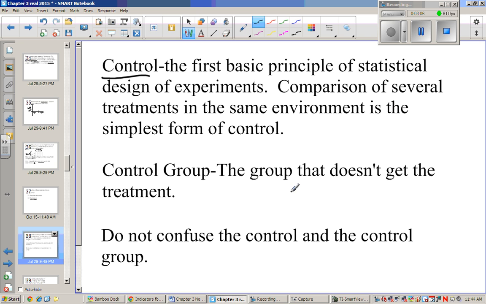So if I was applying a new glue adhesive to the bottom of my shoes, some people would get the new glue and some people would have the old glue, and the people who had the old glue adhesive would be called the control group because they have the shoes that are just normal from before. This is the treatment group because they have a new glue that they're trying to measure. Now don't confuse control, which is comparing several treatments in the same environment, with the control group. The group is just this group of people.